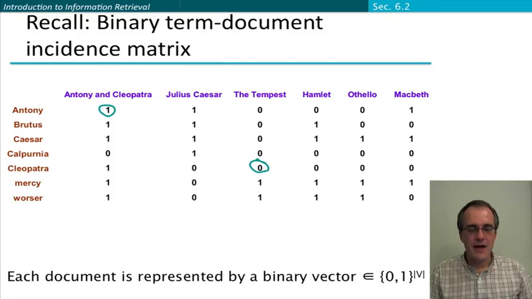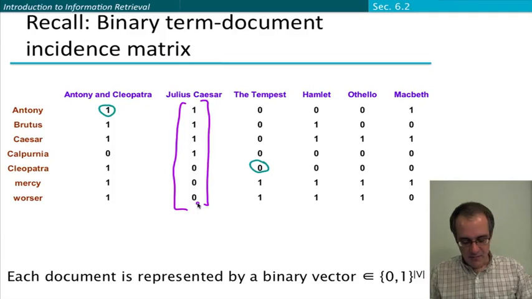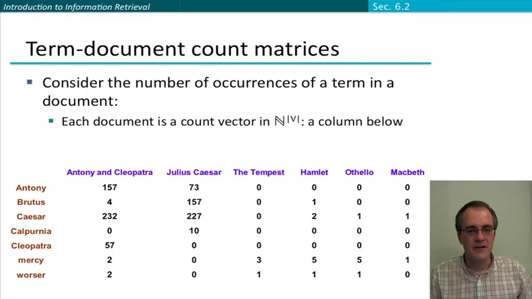If we then think about what the representation of each document is, what we have is a vector. It's a binary vector, where the dimensionality of the vector is the size of the vocabulary, and it's recording these ones or zeros. But we don't have to limit ourselves to a binary vector like this. An obvious alternative is instead to move to a count vector.